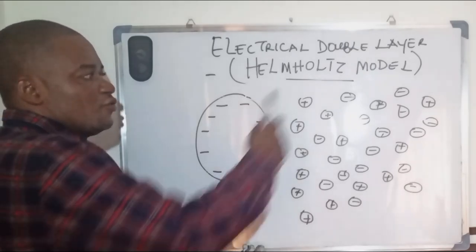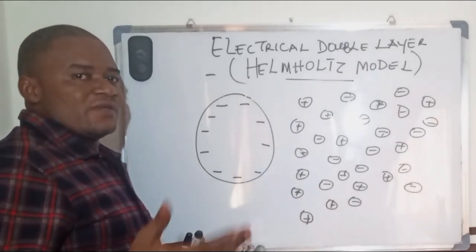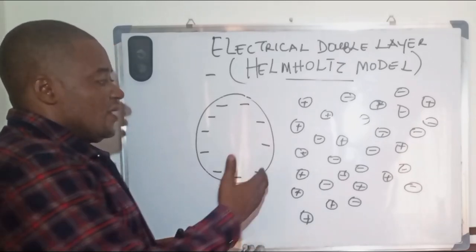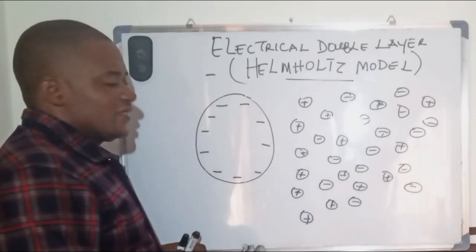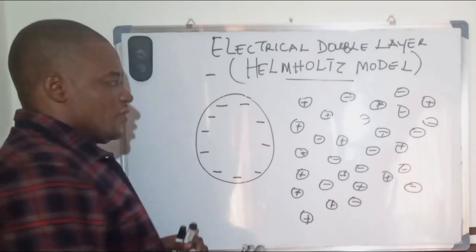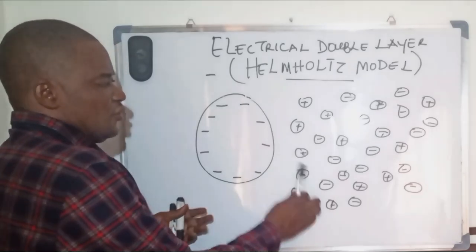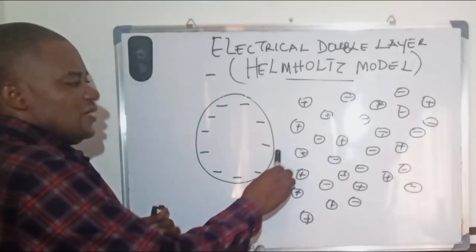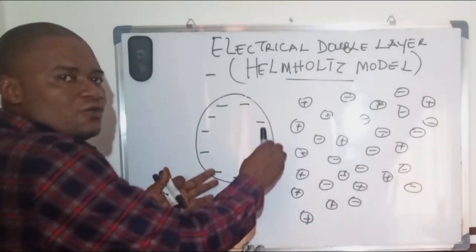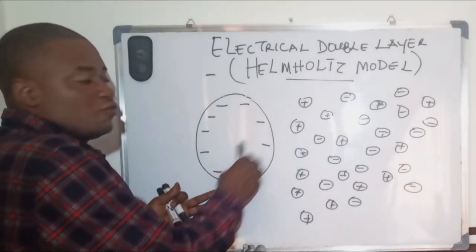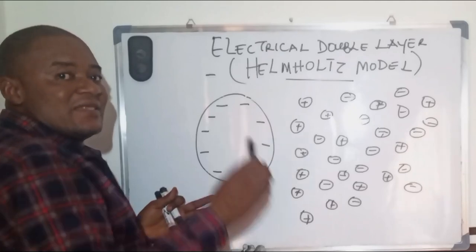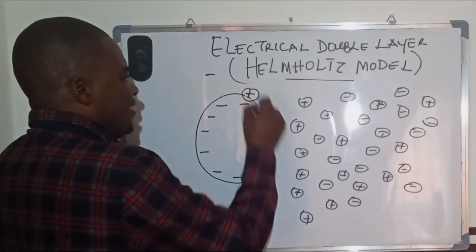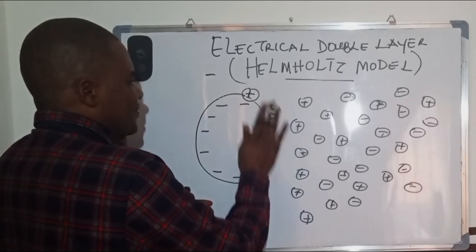Helmholtz does not really believe in adsorption of molecules, nor in migration in terms of diffusion and mixing. So he believes that through electrostatic interaction, there will be movement of oppositely charged ions closer to this particular molecule to balance the ions.